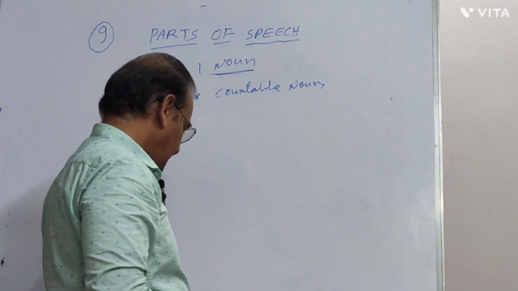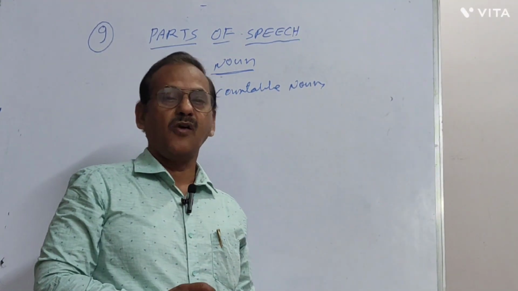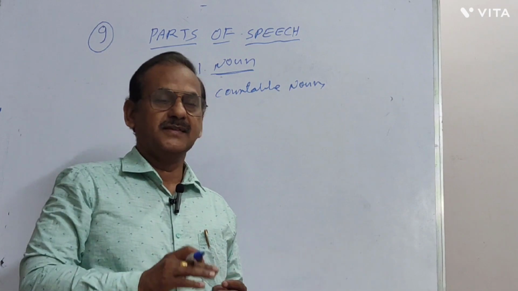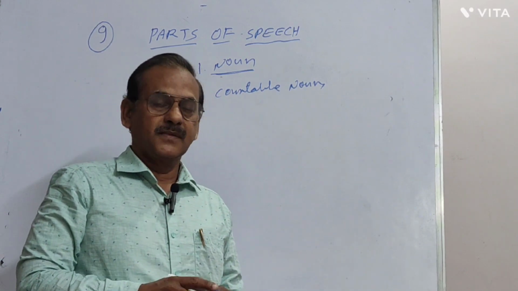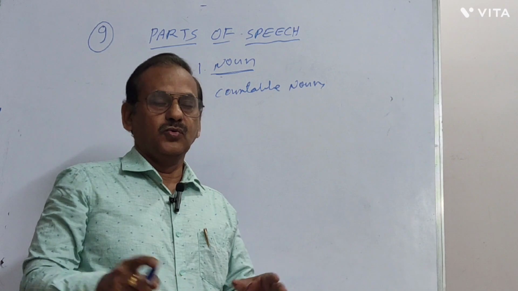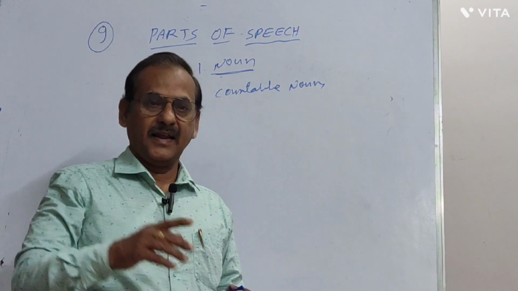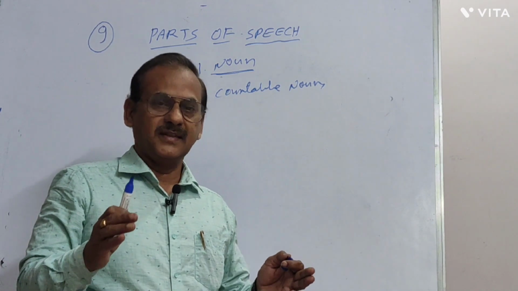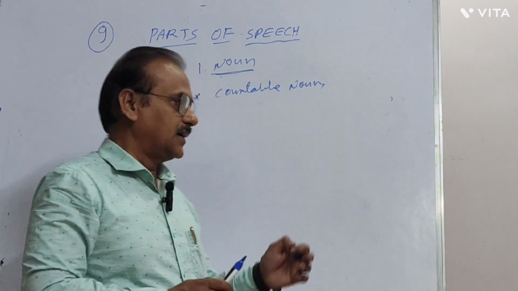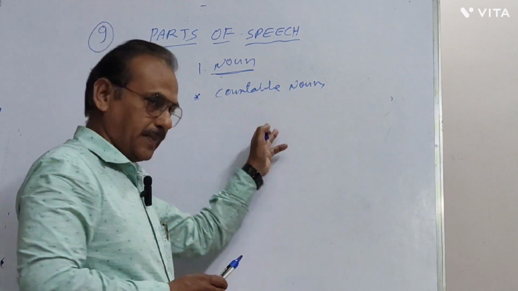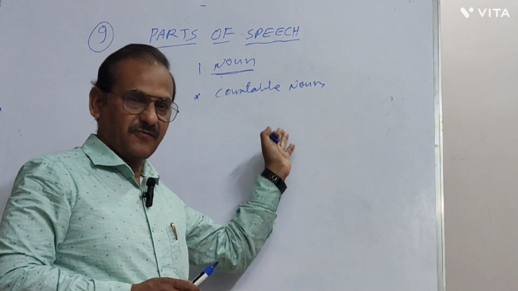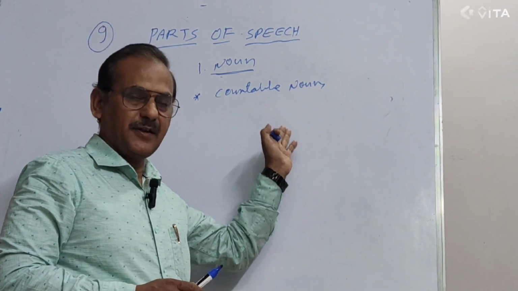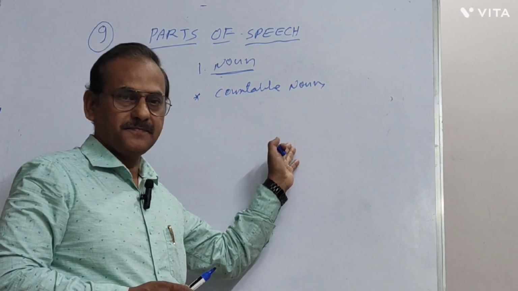The things which are able to count in number are called countable nouns. We know 1, 2, 3, 4, 5, 6, 10, 100, 1000, like that. Some kinds of things, places, names of persons or animals, we can count them.